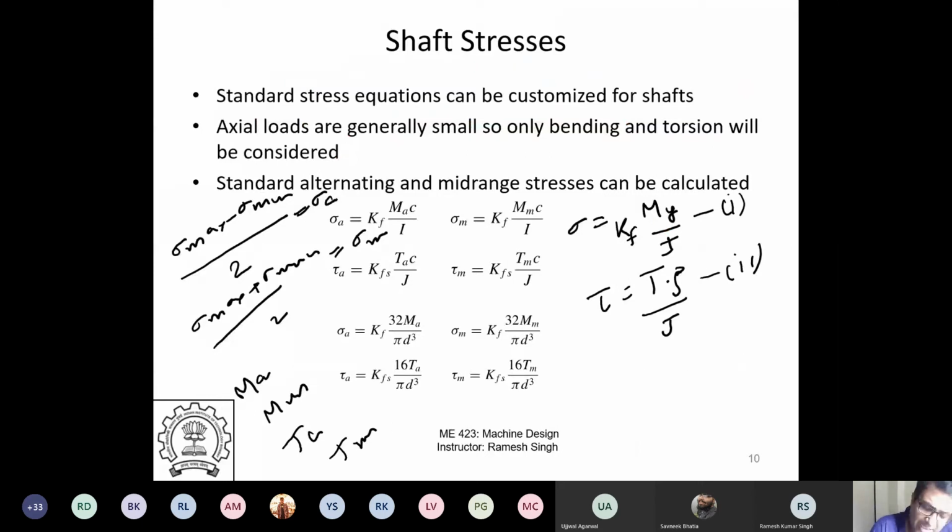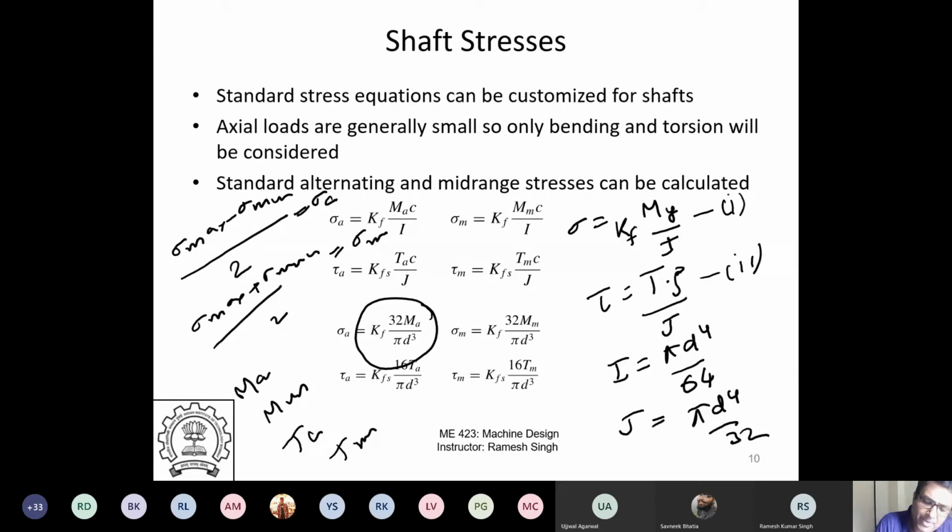Now I know that I is equal to pi d to the 4 by 64 for a circular cross section and J is equal to pi d to the 4 by 32. Plug in everything there. So what you will get for sigma is 32 M by pi d cube, and for torsion you will get 16 T by pi d cube.